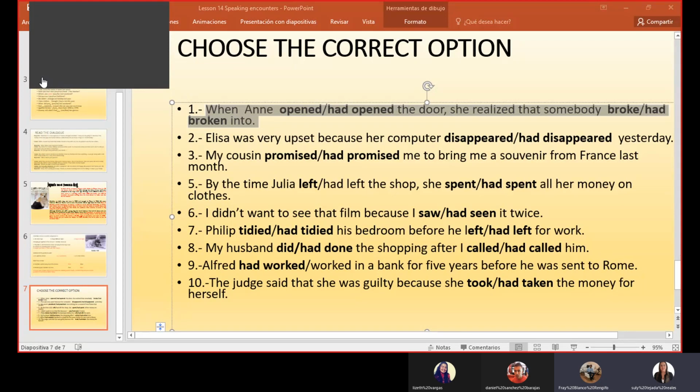When Annie had opened the door, she realized that somebody had broken. Ay, es que no puedo verla completa. Y ahora sí. Okay, again. When Annie opened slash had opened the door, she realized that somebody has broken into.